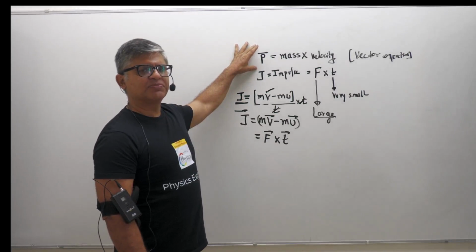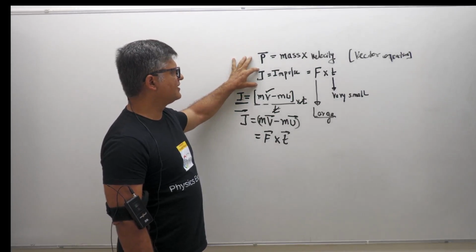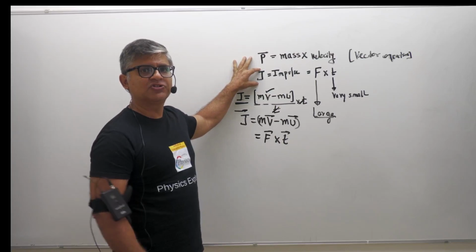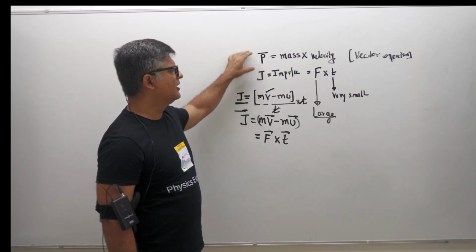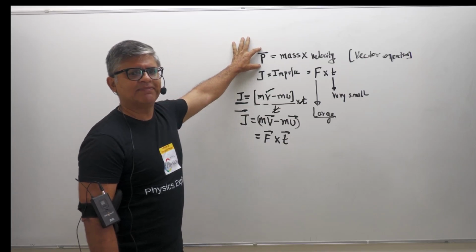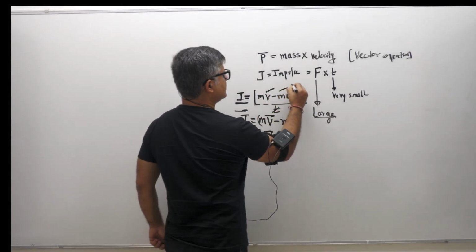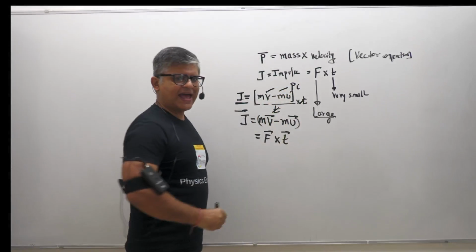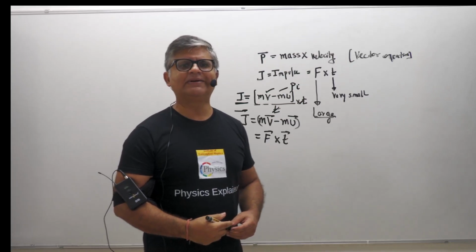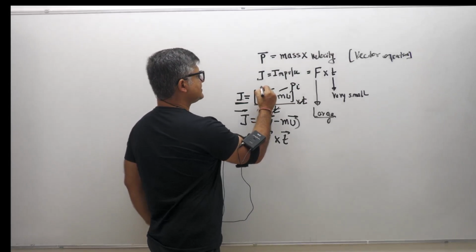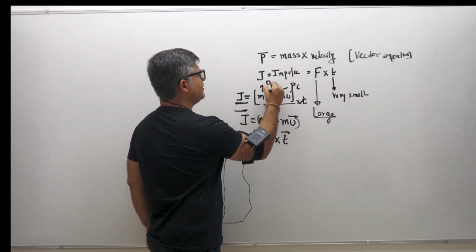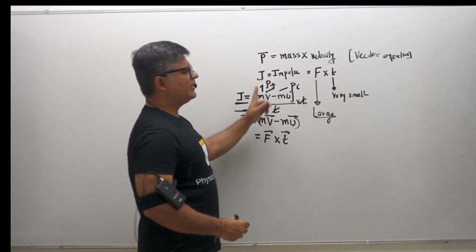We understand what is momentum. Then we write the expression for when you solve a numerical, how will you do that? First step, write the initial momentum of the body, which is this. Then write the final momentum of the body, which is this. P is momentum.